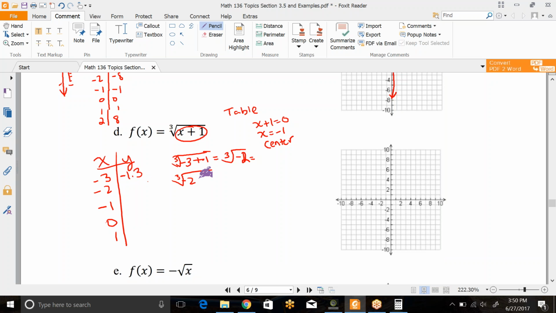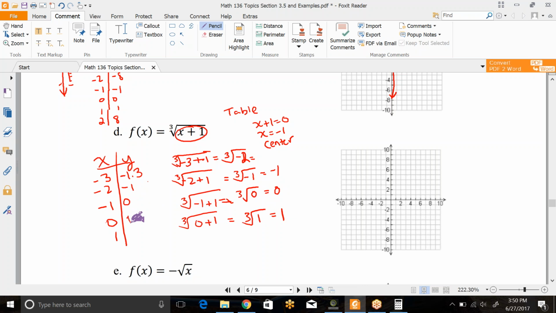So this is -2 plus 1, which is cubed root of -1, which is -1. And then we get the cubed root of -1 plus 1, which is the cubed root of 0, which is just going to be 0. And then cubed root of 0 plus 1 is cubed root of +1, which is +1.